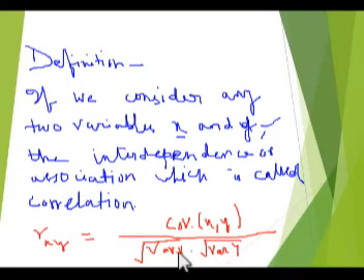So this is the mathematical representation of the correlation of two random variables x and y.